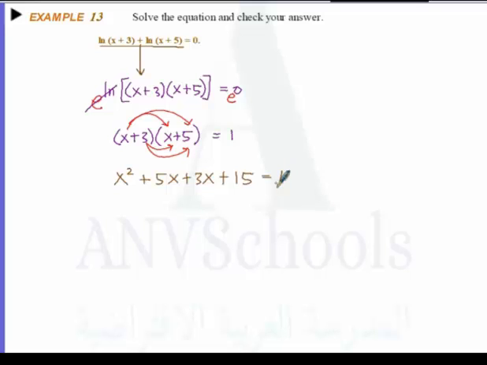And this will give me x squared plus 8x plus 15, and then transpose this number to the other side, which leaves me an expression equated to 0. This is then simplified as x squared plus 8x plus 14 is equal to 0.